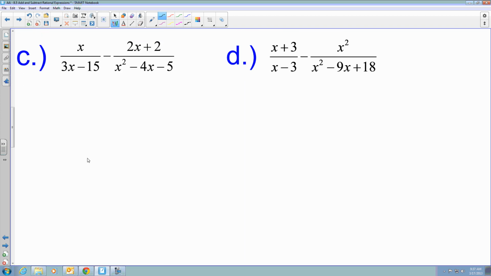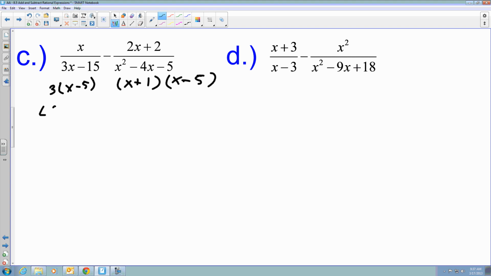So if I look at C, all I can do for that first denominator is factor out 3. So I can go 3 and x minus 5. And for the other denominator, I can use reverse FOIL. And then I'm going to get plus 1 and minus 5.